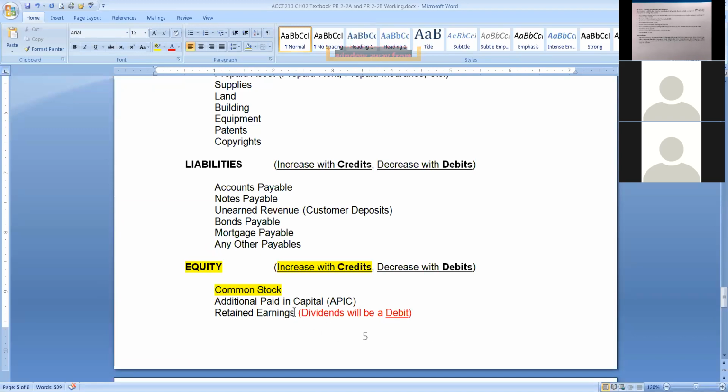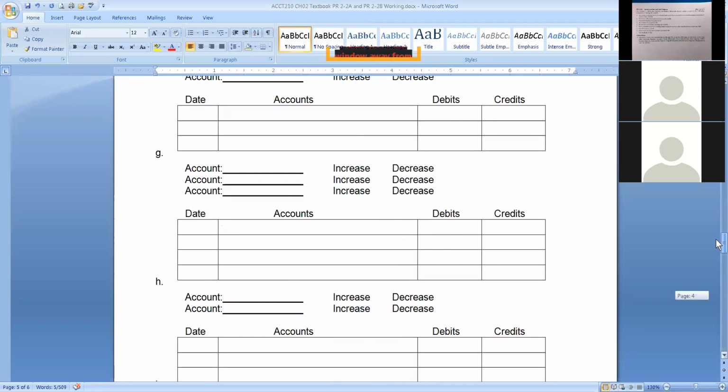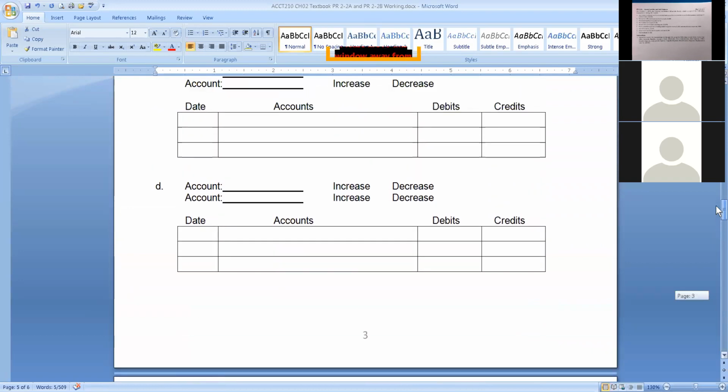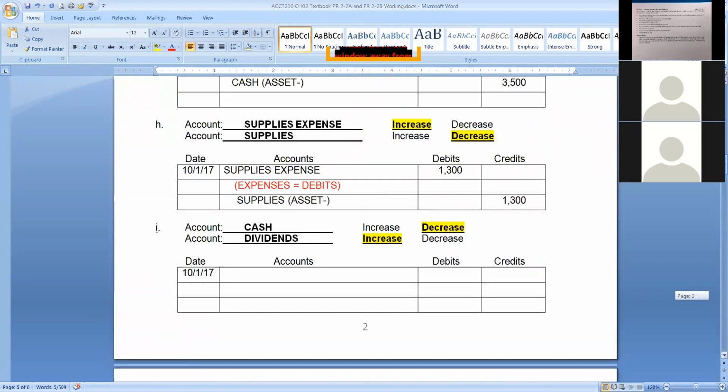They will eventually decrease the retained earnings. So if you think about it from the retained earnings point of view, it decreases it with a debit. But the book will tell you that dividends increase with a debit. It's sort of like having more of the negative. Okay, so dividends are always going to be debits.